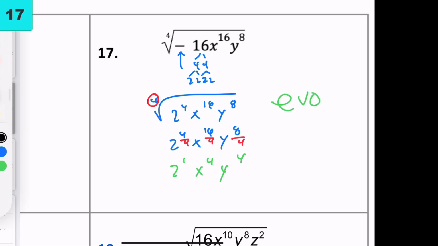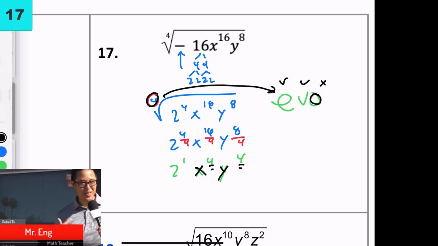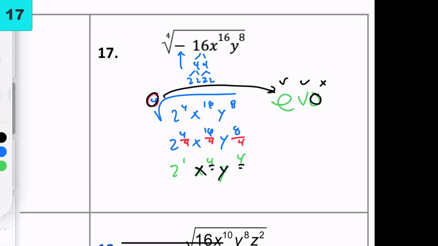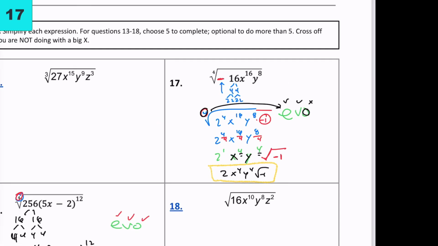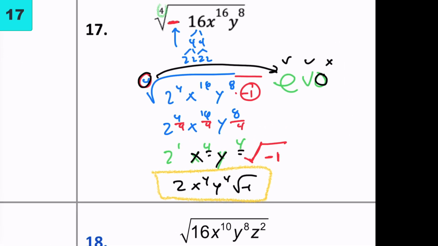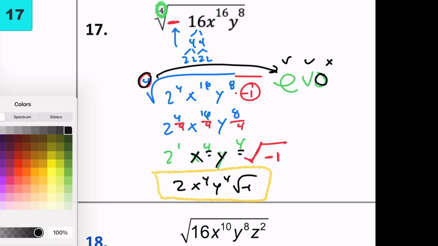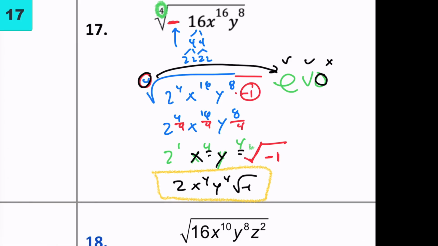Let's bring out EVO. So I do have that here. Now this only applies to variables, so the x and the y's. But because you're looking for odds, these numbers are not odds, so we're going to keep it like that. Now we did have that negative 1, and the square root of -1 is. And on 17 I forgot if this is to the 4th and root 4, so I have to have a 4 right there. Let's make that pen. There you go.